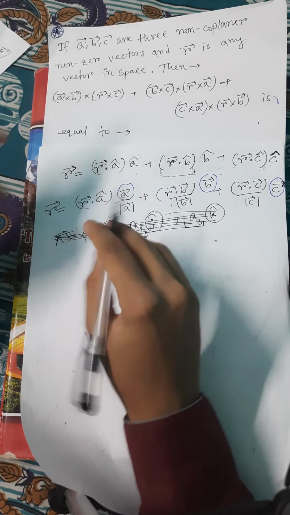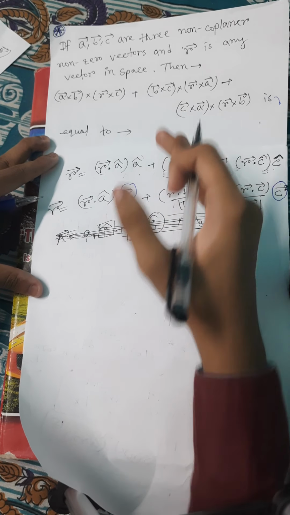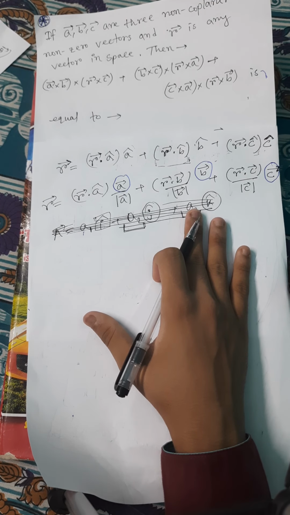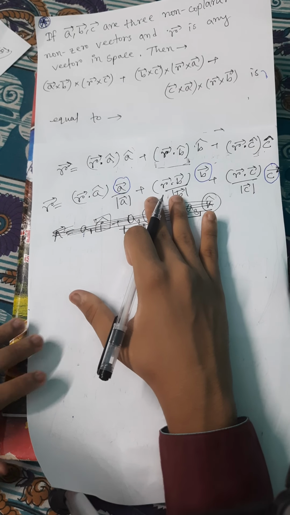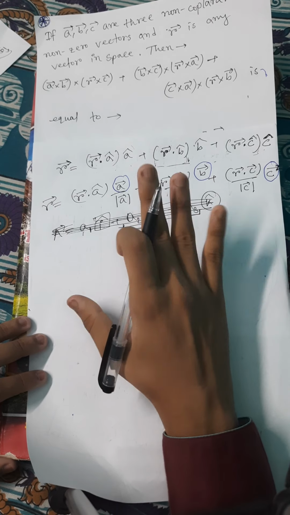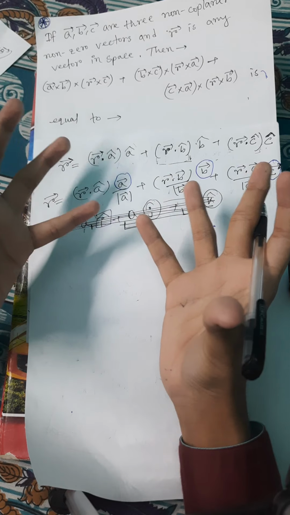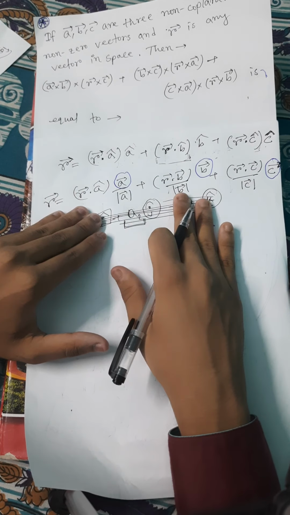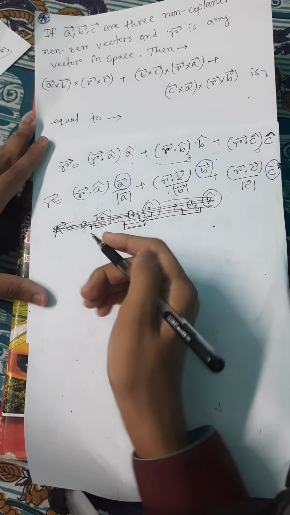But if you use this trick, we will see in a moment how it is used here. Remember this trick, you can use it in many problems. Whenever you see a huge expression involving cross product and dot product, try to use it. It will be easy for you.